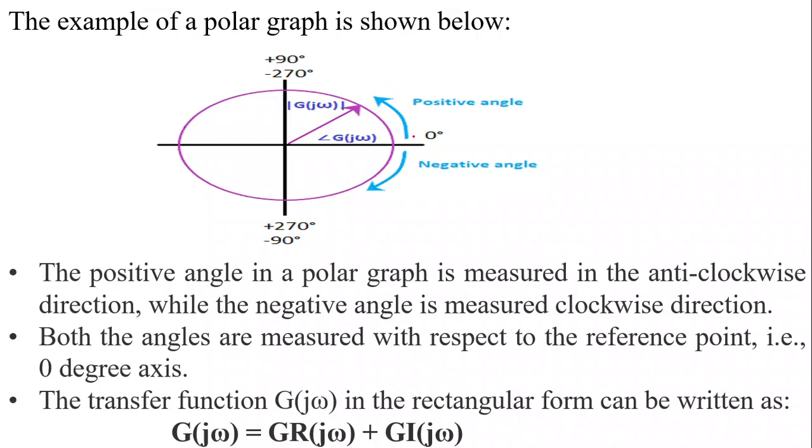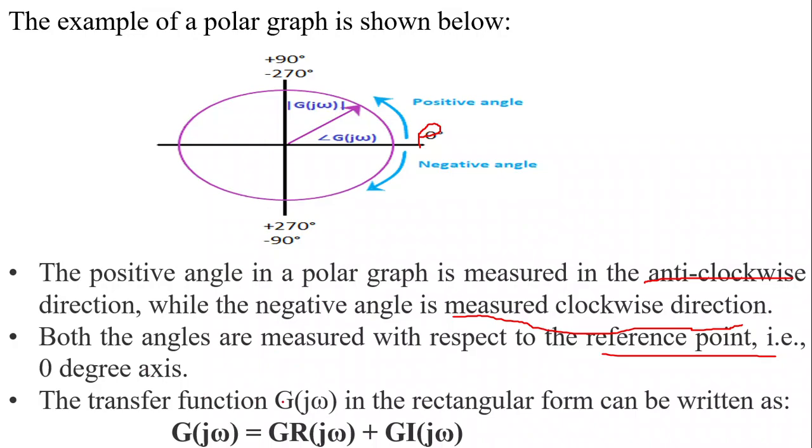Here the blue line indicates positive angles, measured in the anti-clockwise direction. Negative angles, from 0 to minus 90 to minus 180 degrees, are measured in the clockwise direction. Both angles are measured with respect to the reference, our 0 degree.